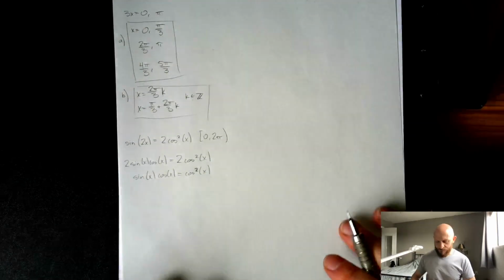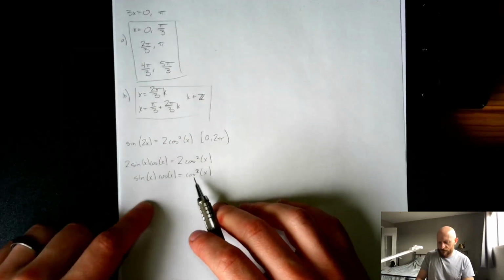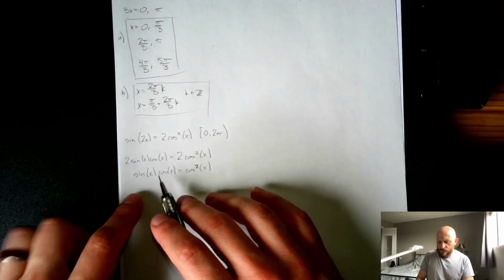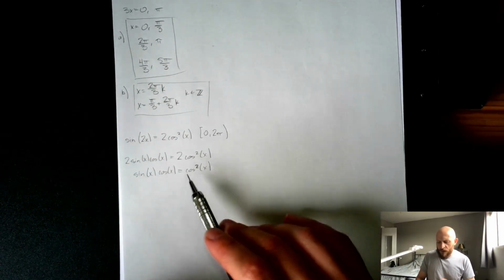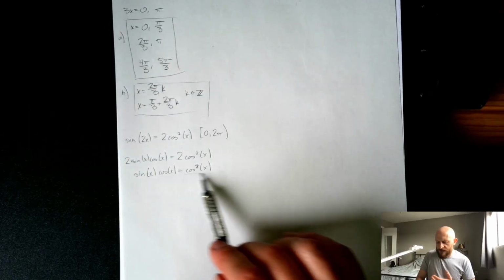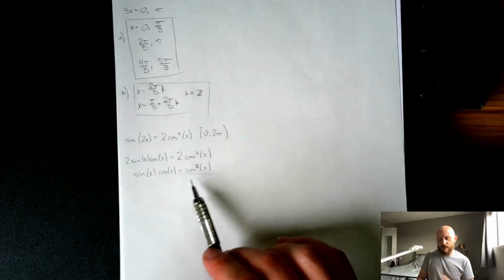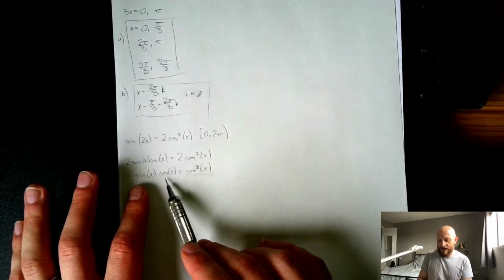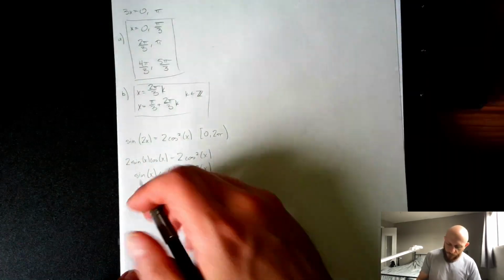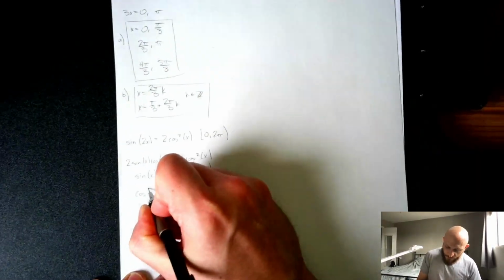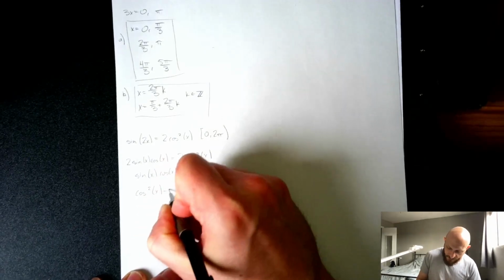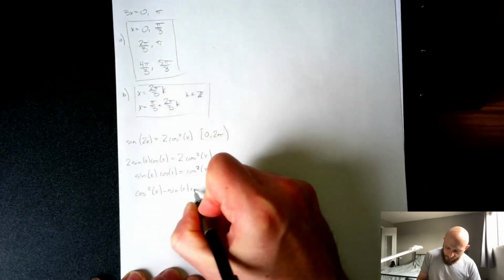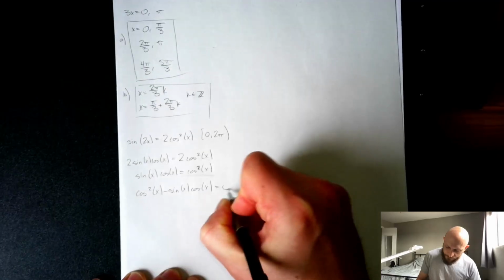Let me show you. So instead of dividing through by cosine, I'm going to solve this for 0. Personally, I always prefer to keep my highest degree positive. So I'm essentially just going to subtract sine x cosine x over, but I'm going to rewrite it this way. So it's going to become cosine squared of x minus sine of x cosine of x equals 0.